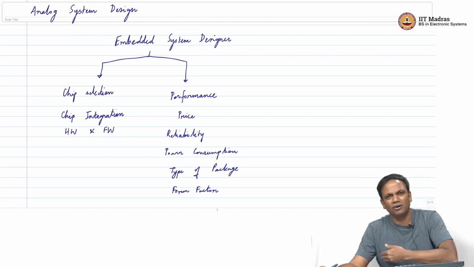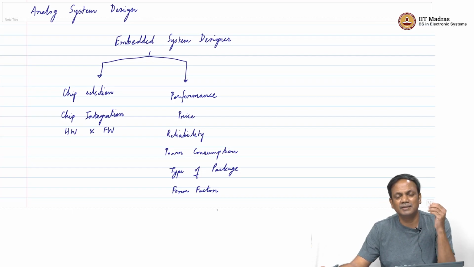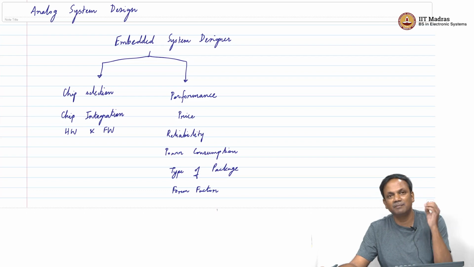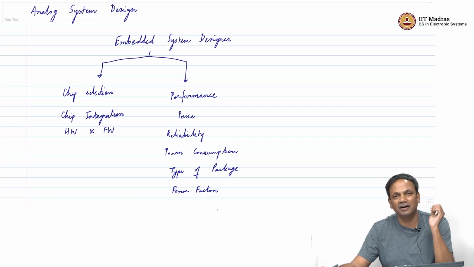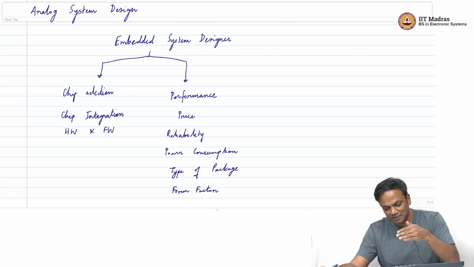So it automatically follows that it is important for the embedded system designer to constantly keep reminding themselves that there are these 6 parameters I have to keep focusing on: performance, price, reliability, power consumption, type of package and form factor.